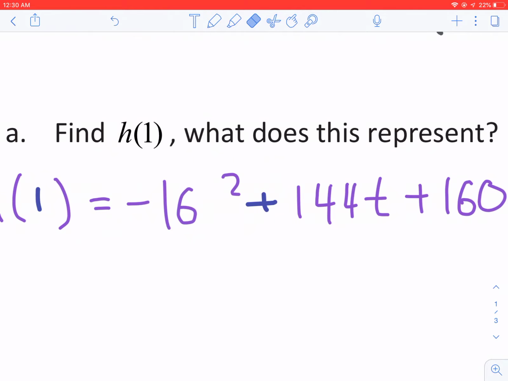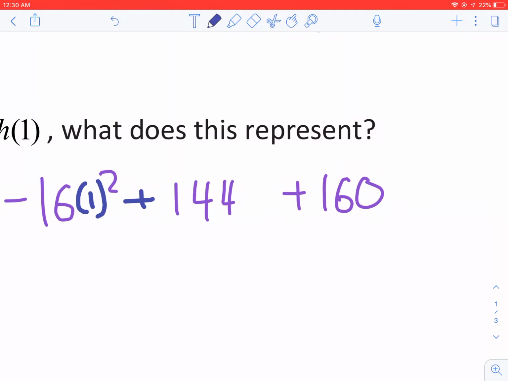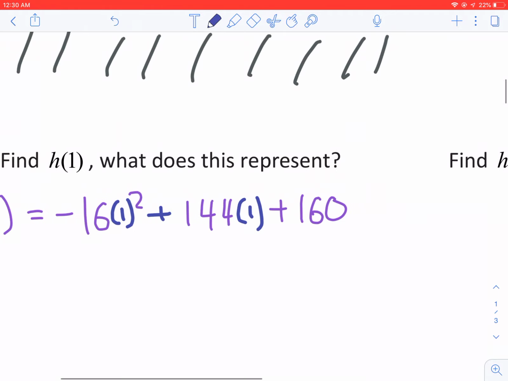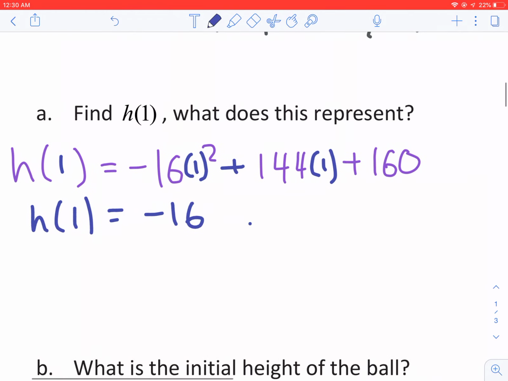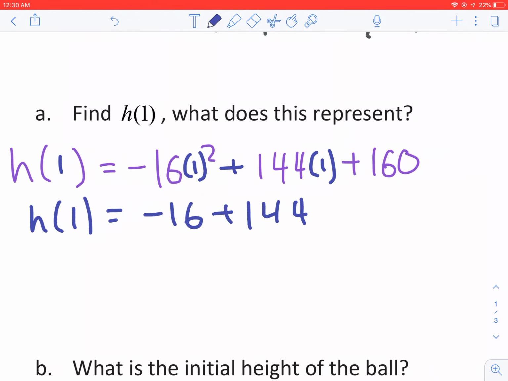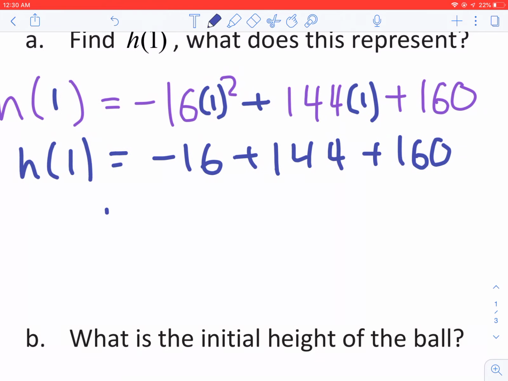So instead of t squared, I'm going to have 1 squared, and 144 times 1. So h of 1 equals negative 16 times 1, which is negative 16, plus 144 plus 160. If we do that in the calculator, that looks like 288 to me. So h of 1 is 288.